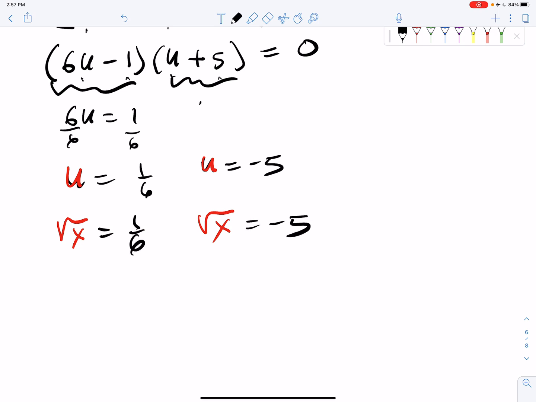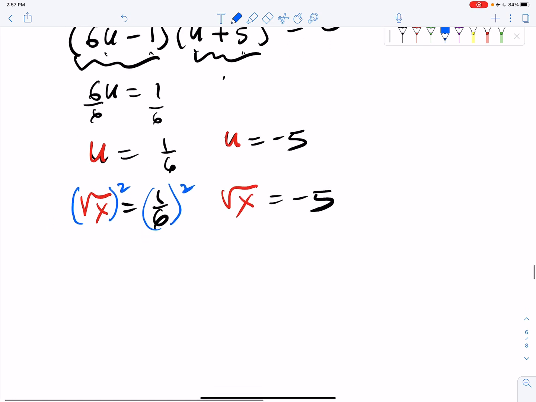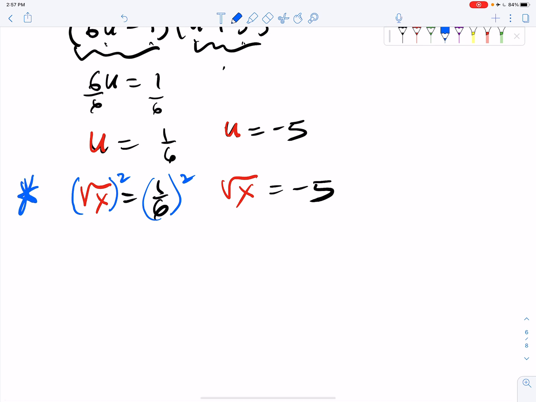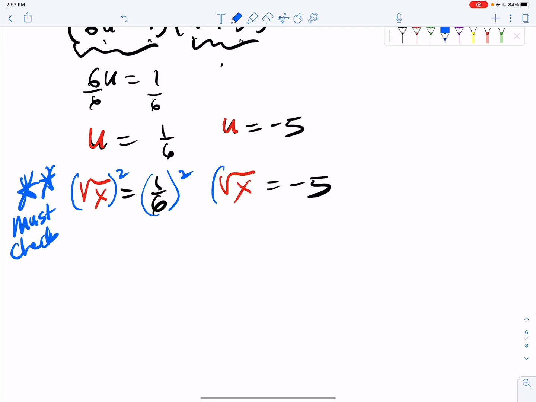Okay, how do we solve this? Well, we have to square both sides. And once again, ring the bell, sound the alarm. Anyways, must check. You must check your answers for extraneous solutions when you do this. So we're squaring both sides, and you must check your solutions.